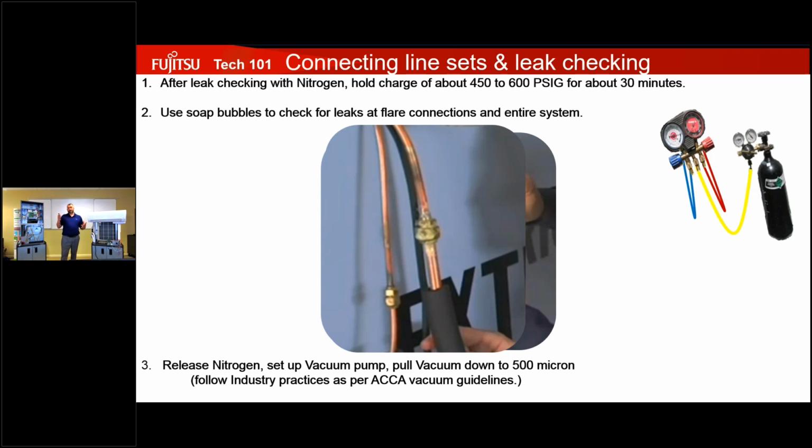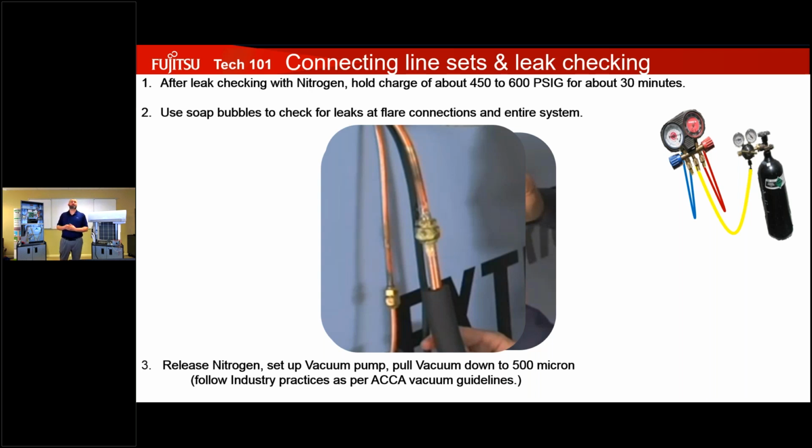So now, get down to 200, 250 microns. We close down our valves on our gauges, and we shut the pump off. We watch now. If we rise above 500 microns, we have to continue to pull our vacuum. This is a very important part of the process. I mentioned a few times now, our EEVs are very precise.